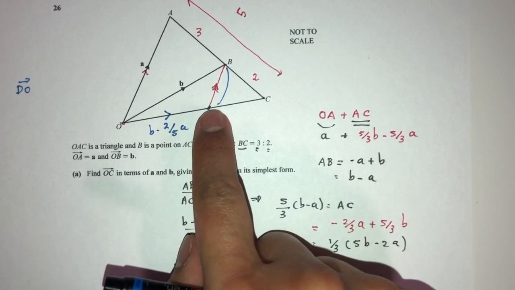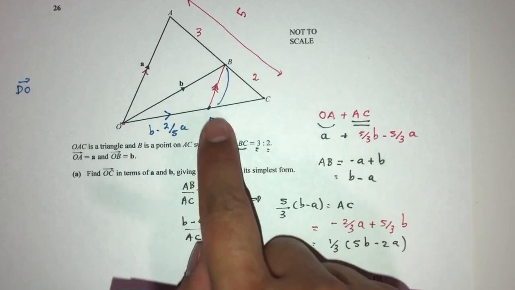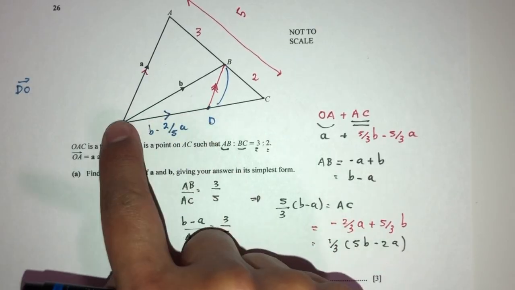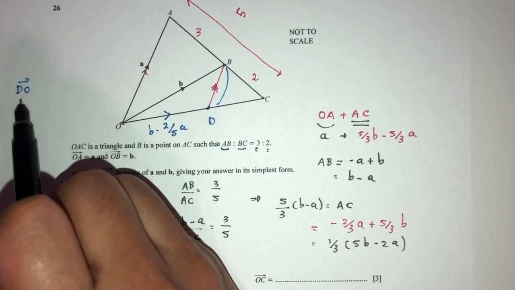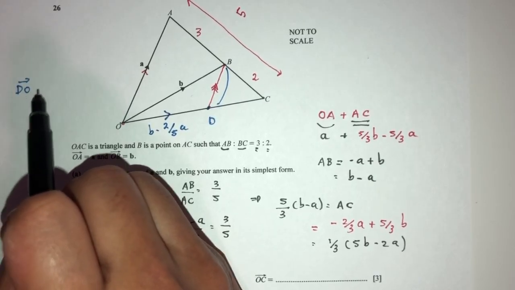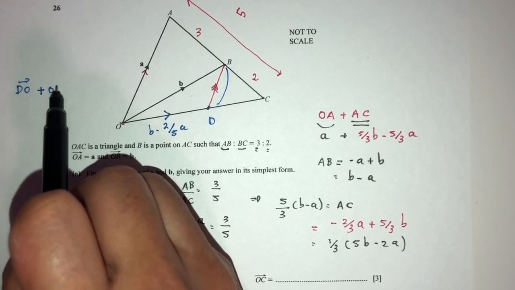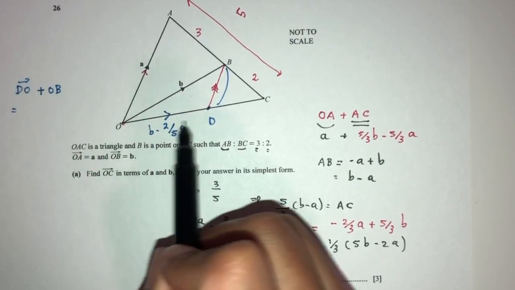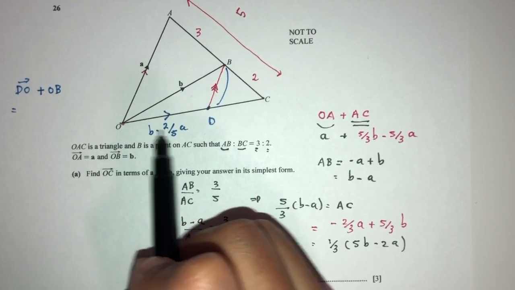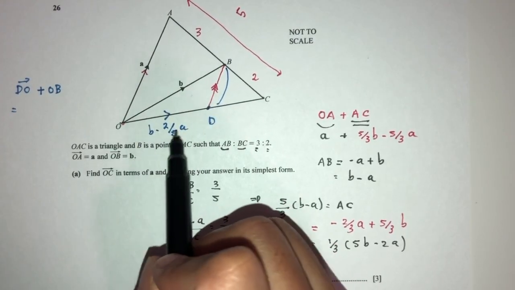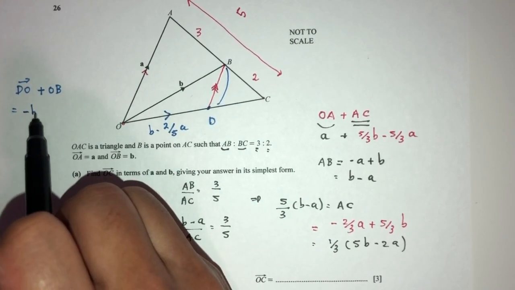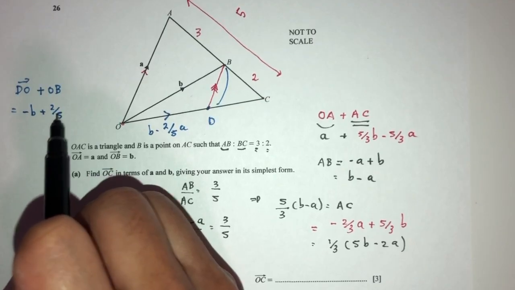If I want to find D going to B, from D I can go to O because I know this value, and from O go to B. So DO plus OB. We know OD is in this direction, so DO will be in the opposite direction. Change the sign. It becomes minus B plus 2 over 5A.